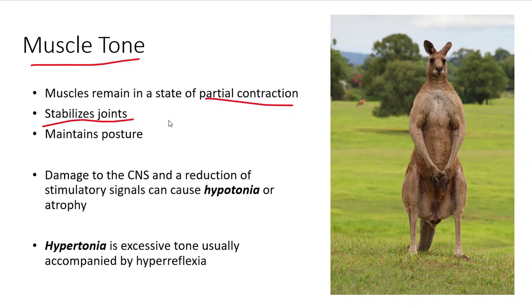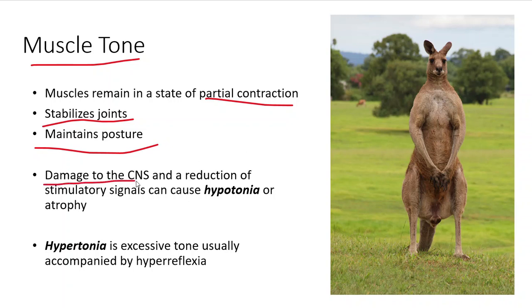And there's a little bit of a capsule, not much of a joint on the glenoid cavity. So it's actually the contraction of the rotator cuff muscles that hold the arm into the shoulder joint. We also use these guys to just stand up straight to maintain our posture, the erector spinae group of muscles.